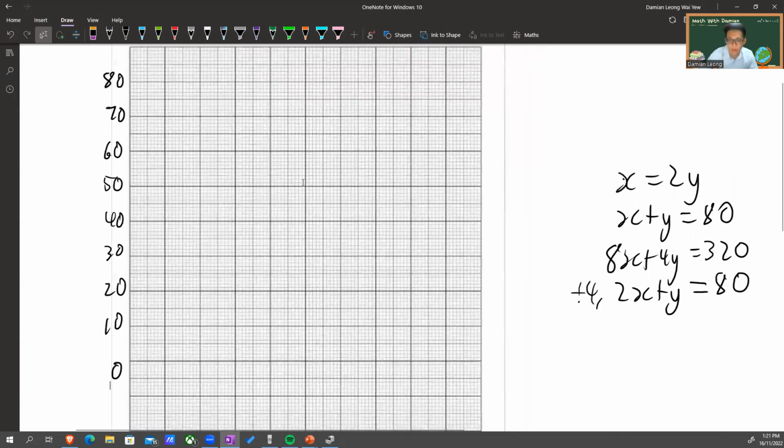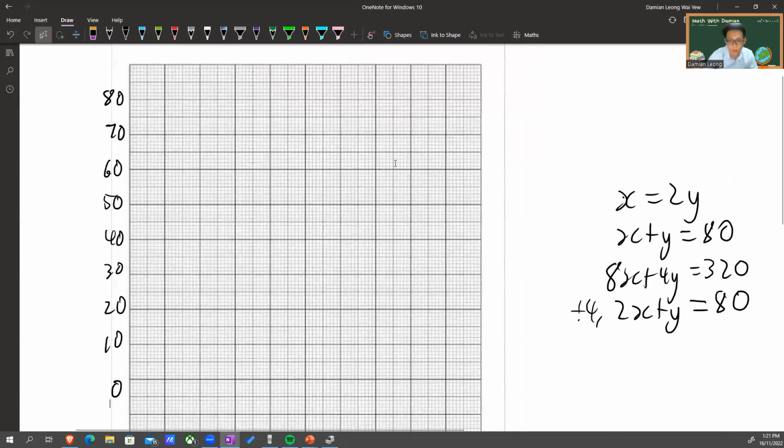Okay. So my X and Y axis: zero, 10, 20, 30, 40, 50, 60, 70, 80, 90, 100.